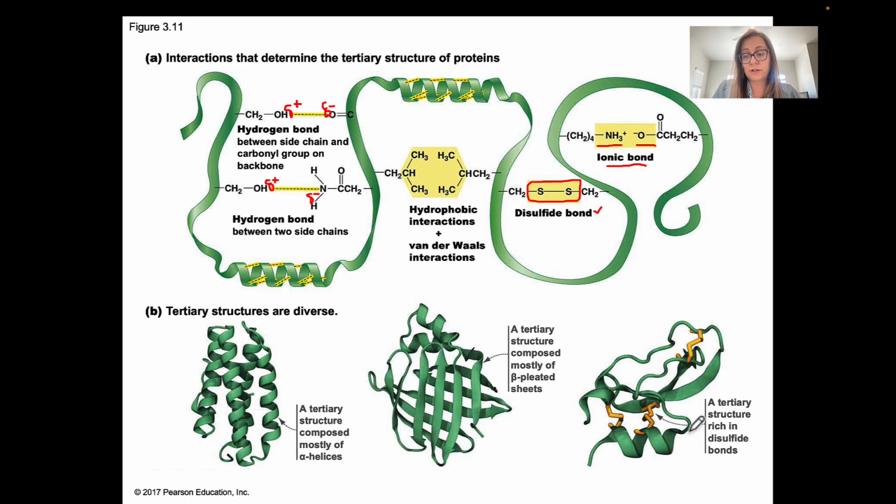And you can have tertiary structures that are a mix of everything. This protein has 1, 2, 3 disulfide bonds. It's got an alpha helix, a beta-pleated sheet, and then it has some parts of the protein with no secondary structure at all. But these are all stabilized by these interactions with the R groups of the amino acids.